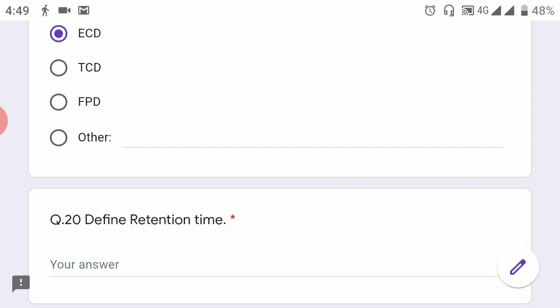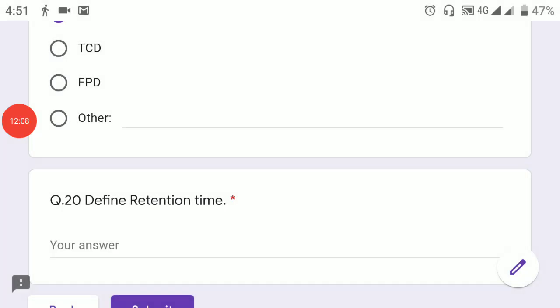Now the last question is, how can you define retention time? In the beginning we also saw various definitions of retention time. You can write in your own words. I will just state some of them.